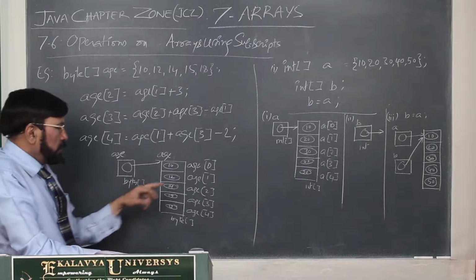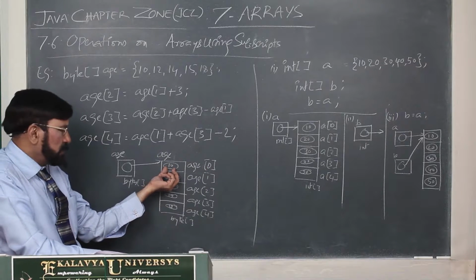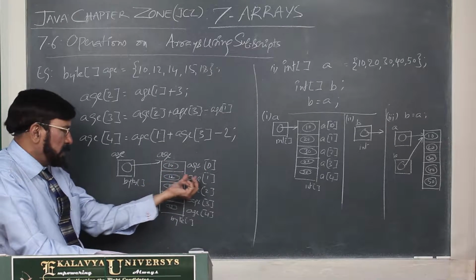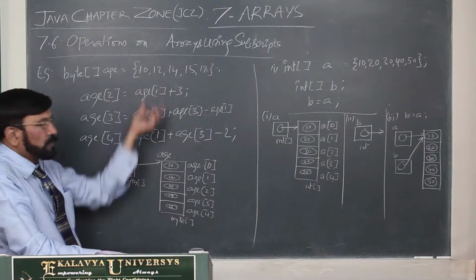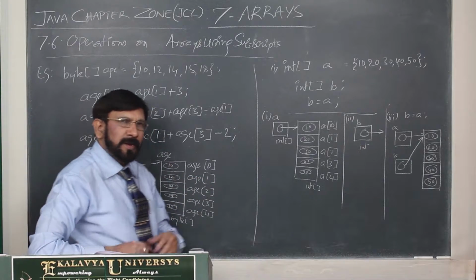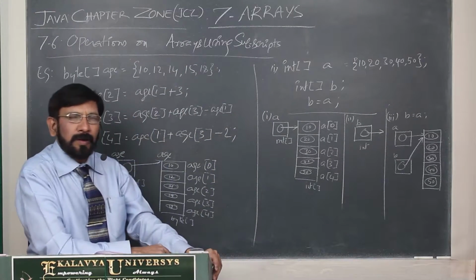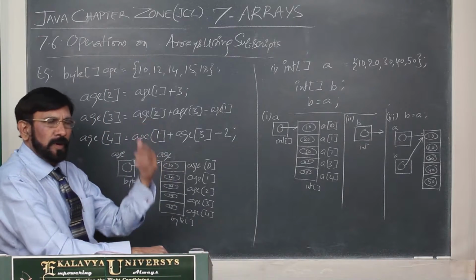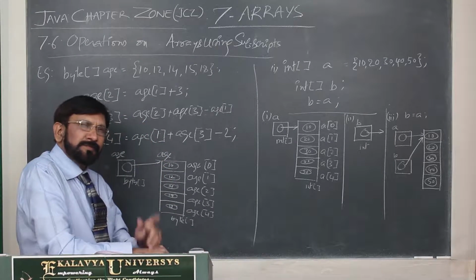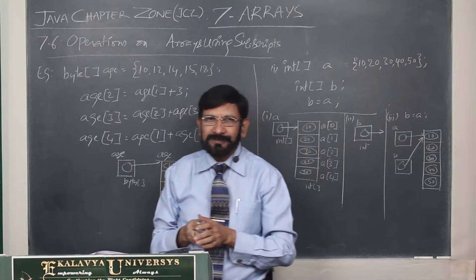Now by using this expression we are able to retrieve the value by using age sub 1. We can retrieve the value 12, that was already explained to you. Now one more very important point you have to recollect: the size of an array is a constant.